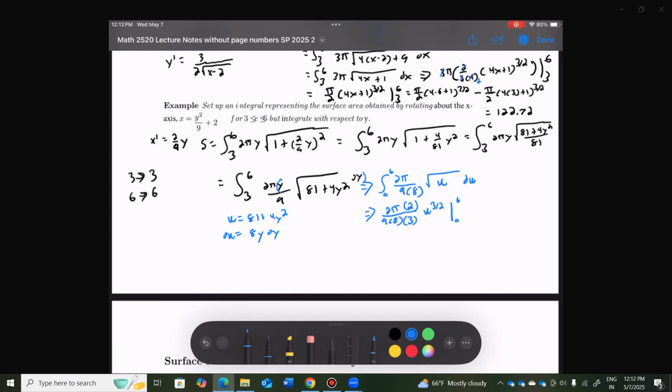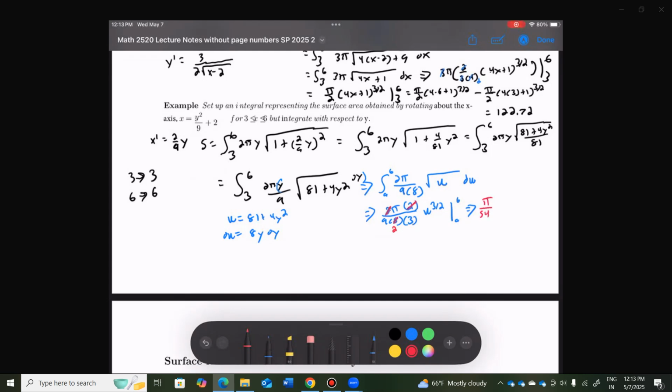I want to simplify this first though. So let's see here. This 2 will cancel out with that 8. Well, this 2 and this 2 times, so you get 4. So this cancels out with this, but you'll have a 2 then. So it reduces down to 1/2. That cancels with that 2. And so 27 times 2 will be 54. So pi over 54.